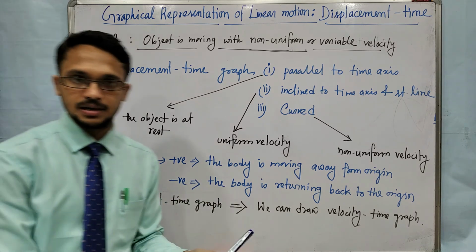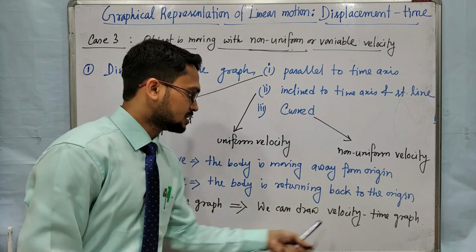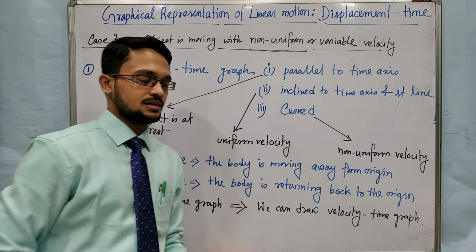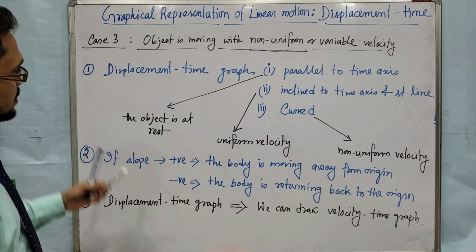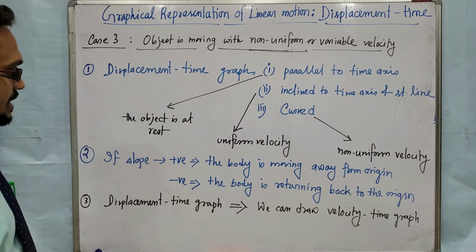If a displacement time graph is given and you are asked to draw the velocity time graph of that same object, how will you do it? That we will do in the next lecture. So these are the conclusions we can get.